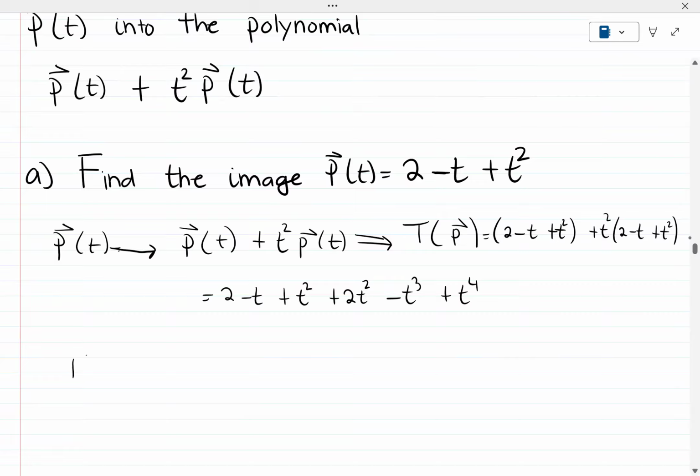So T of P is equal to 2 minus t plus 3t squared minus t cubed plus t4. Okay, so that was part A. We found the new image, which is this.